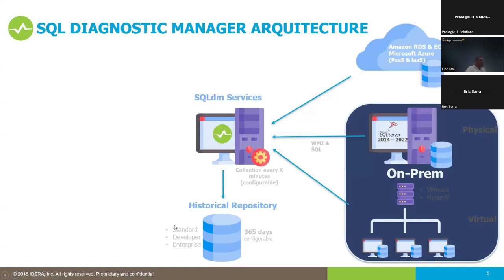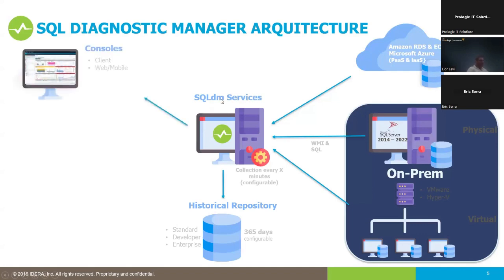We support the standard developer and enterprise editions for that repository. And we don't need a dedicated SQL Server instance for our product. We can reuse an existing one, maybe one existing for other technical products, and we just create a new database in that instance for that product.